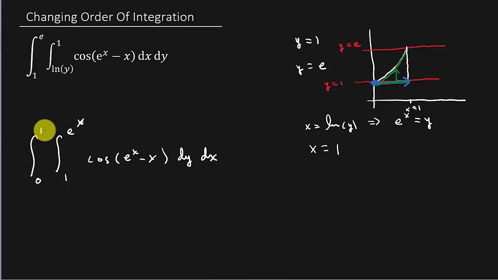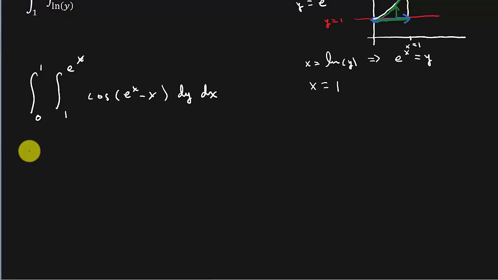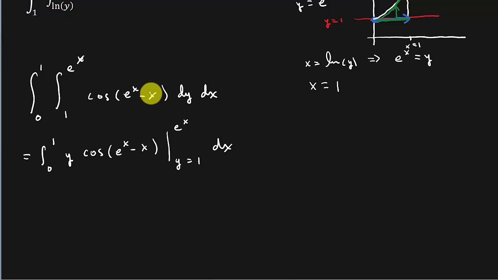Now we integrate. This is going to be the integral from 0 to 1 of y times cosine of e to the x minus x, with y from 1 to e to the x, dx. Remember, when integrating with respect to y, the cosine of e to the x minus x is a constant, so we get y times that constant.